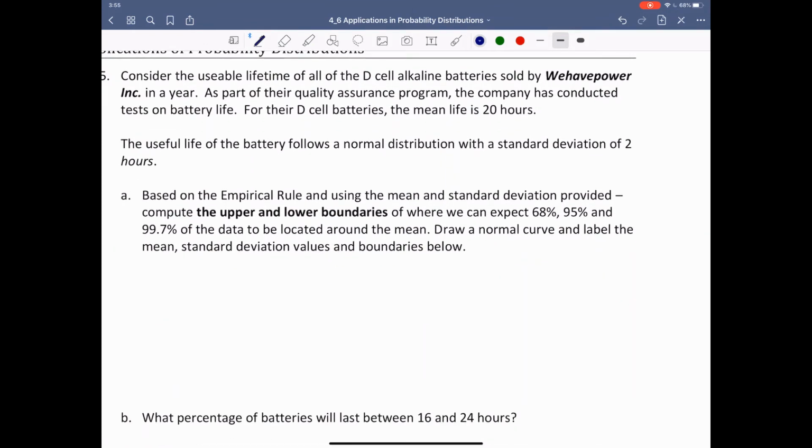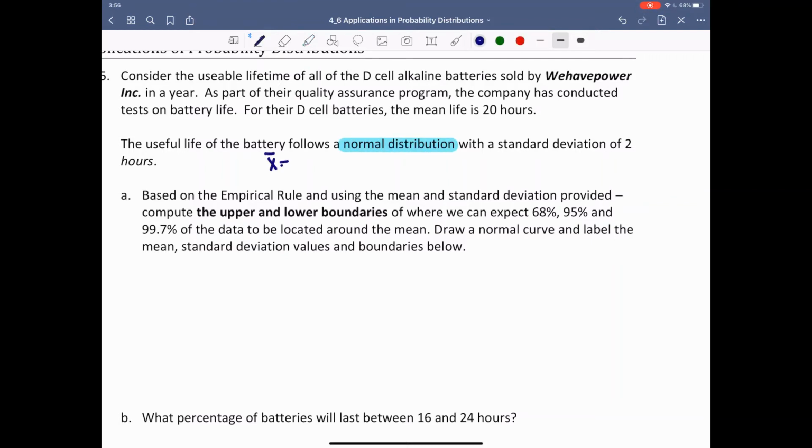Question 5 says, consider the usable lifetime of all of D-cell alkaline batteries sold by We Have Power Incorporated in a year. As part of their quality assurance program, the company has conducted tests on battery life. For their D-cell batteries, the mean life is 20 hours. And the useful life of a battery follows a normal distribution with a standard deviation of 2 hours.